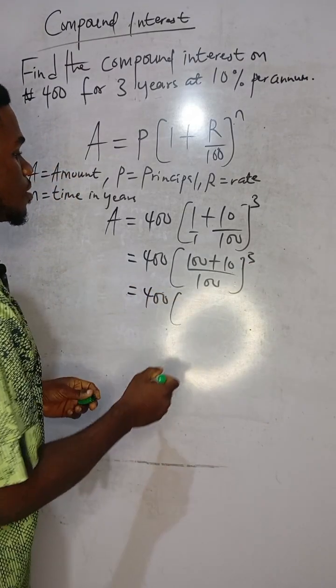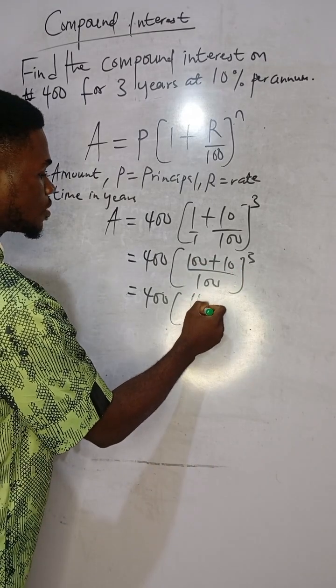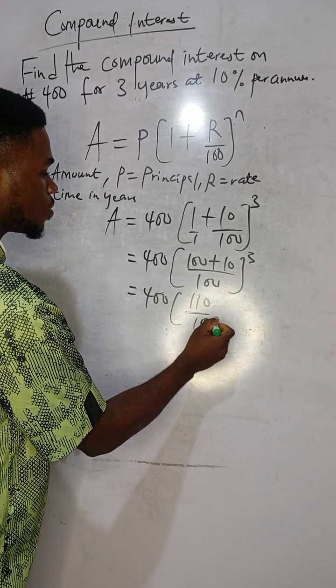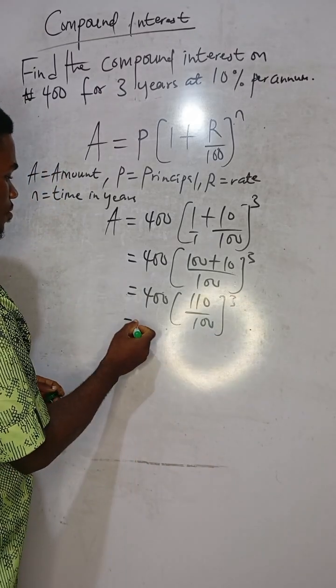So 400, and when I work on my numerator, I have 110 divided by 100, all to the power of 3.